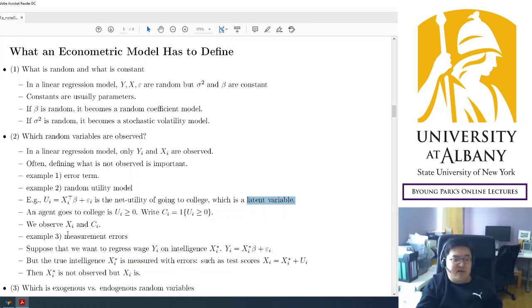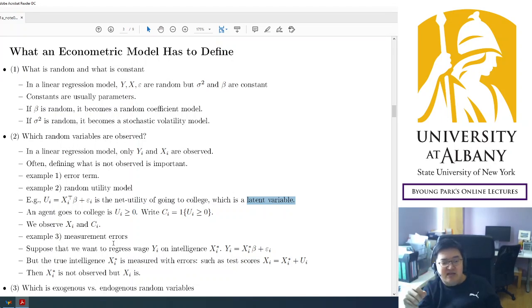Now, another example here is measurement errors. Suppose that the true regression model we would like to study is this. We want to study the relationship between your wage and your intelligence. However, intelligence is an abstract concept. How can you measure that? True intelligence is not observed, or it's measured with errors.